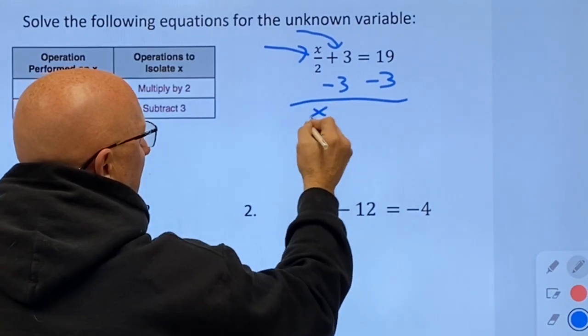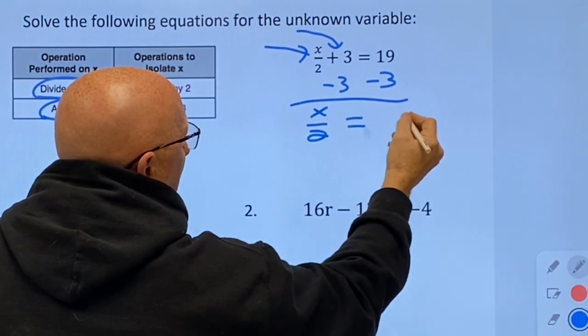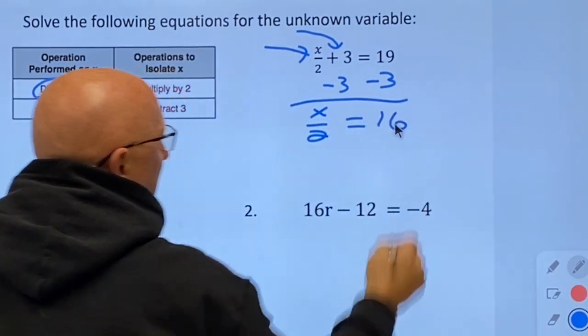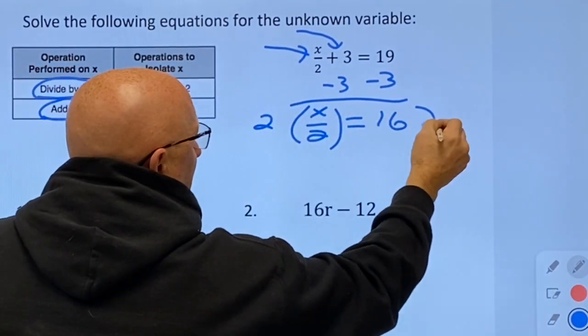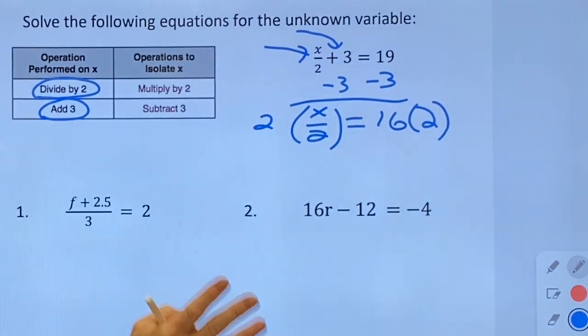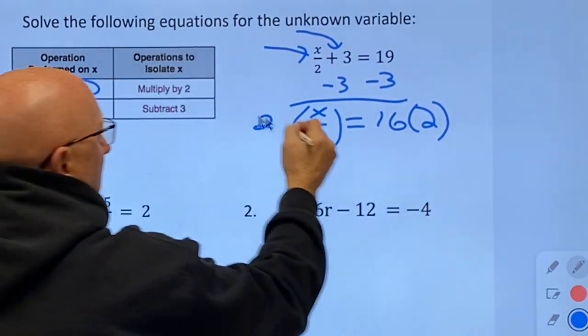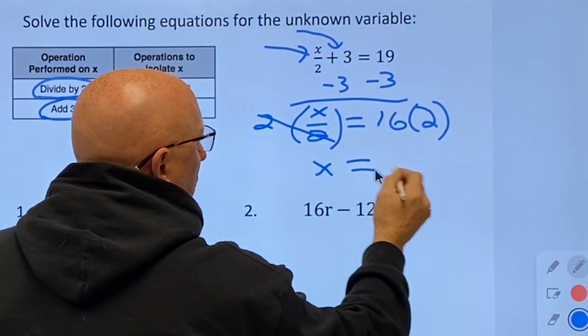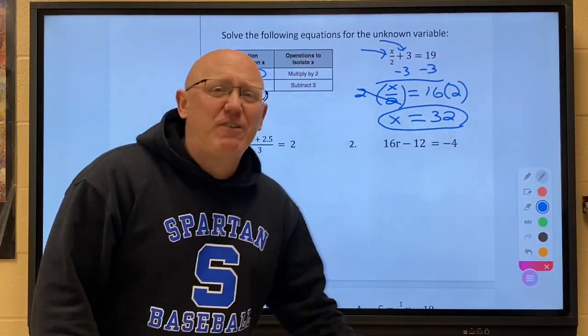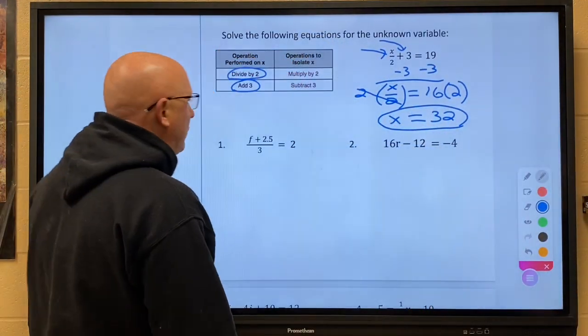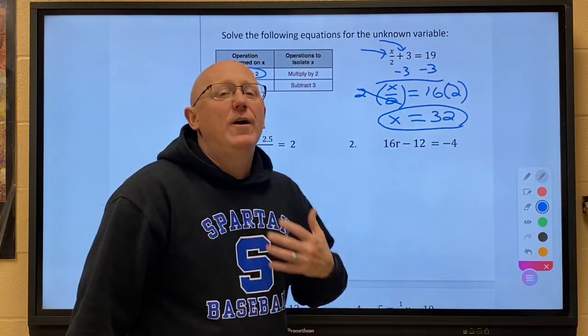And so that leaves us with a rather easy equation in that we're doing just the opposite. And we're utilizing a calculator if we need to. But then our answer is x is equal to 32. And so this should be pretty familiar to us. So let's do a couple more, and then I'll have you try some on your own.